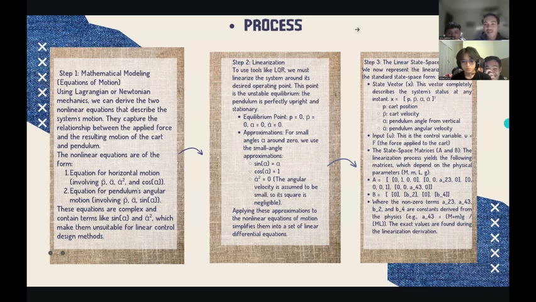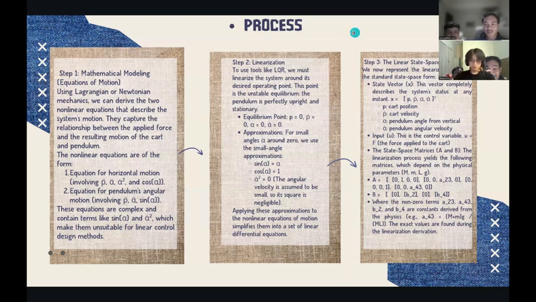Okay. Step 3, the linear state space model. We now represent the linear system in standard state space form. The first one is the state vector x. This vector completely describes the system status at any instant. And then the input. This is the control variable u equals F, the force applied to the cart.